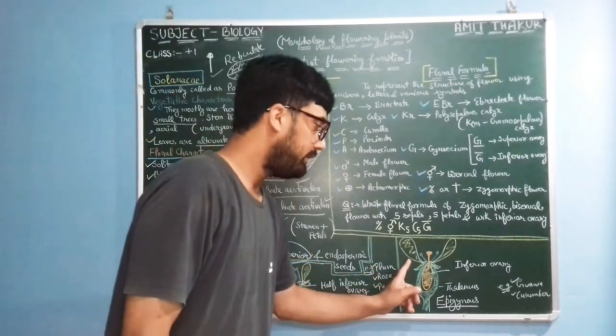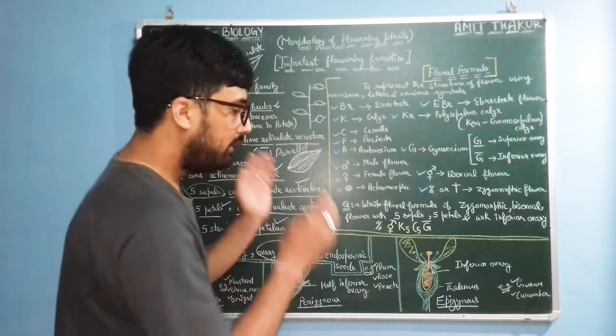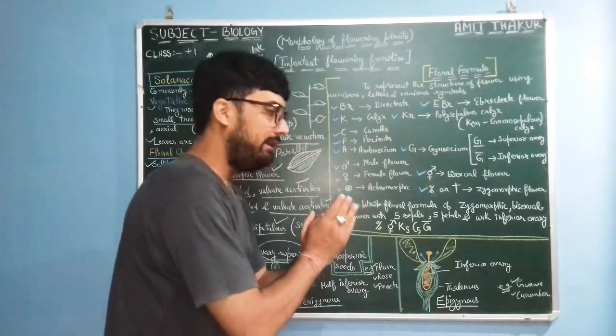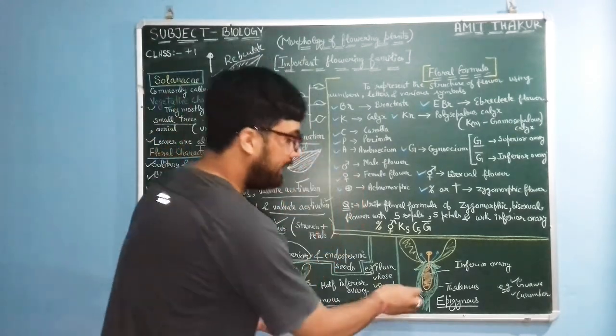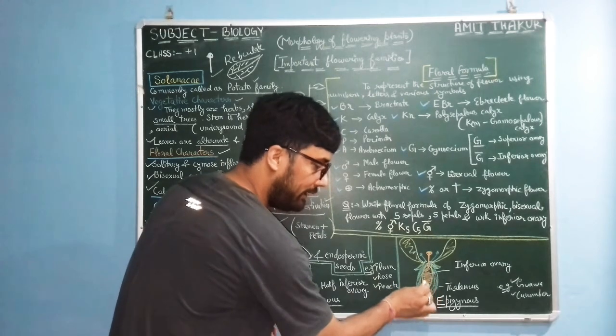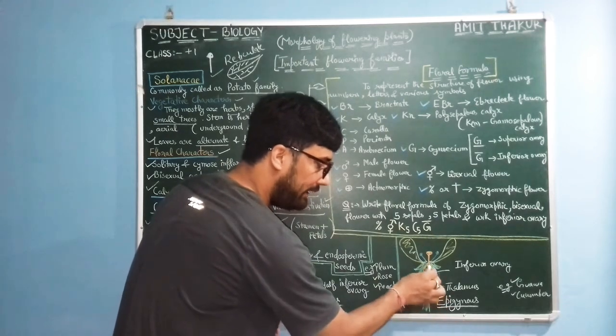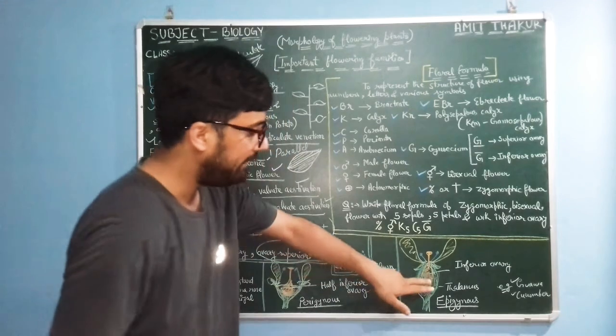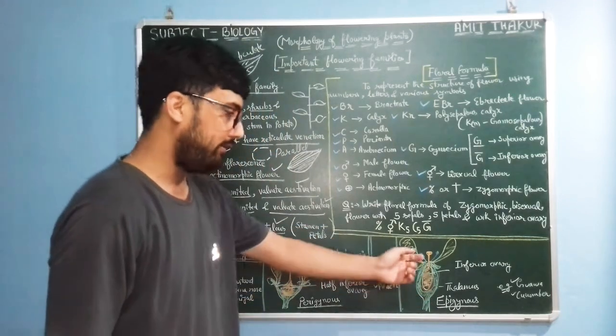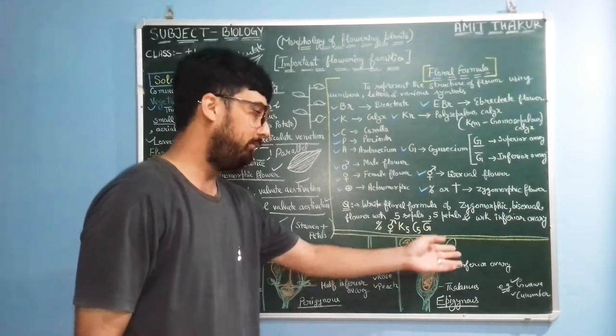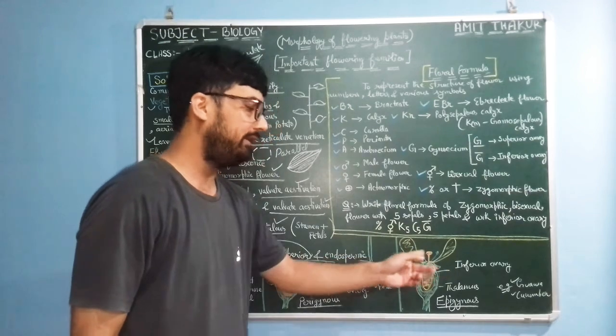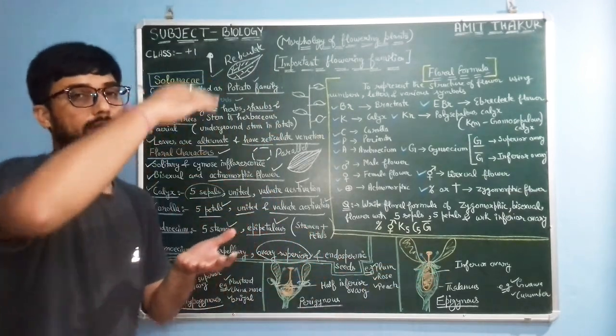This is an inferior ovary. The whole of the ovary lies inside the thalamic part. This is the thalamus part, and the ovary lies inside it. All other parts, the sepals, petals, and stamens, are above the thalamic part.